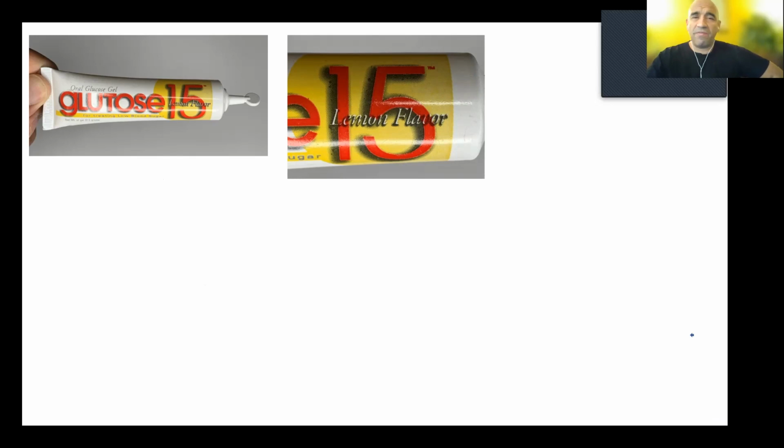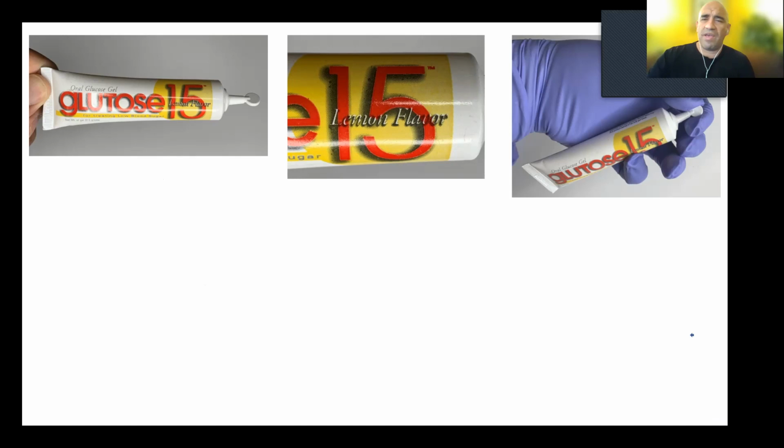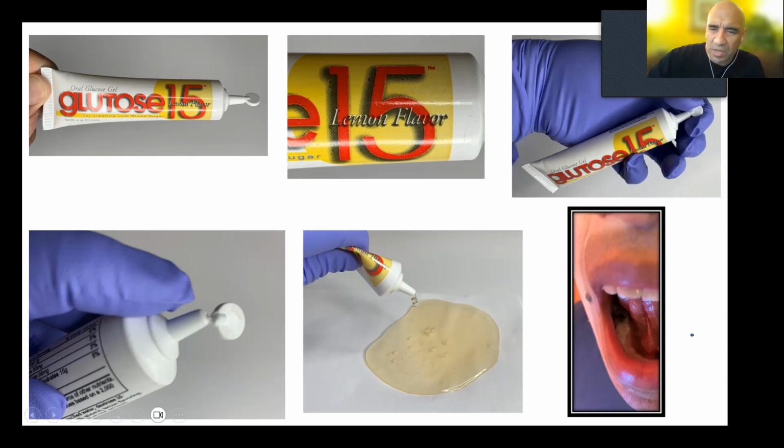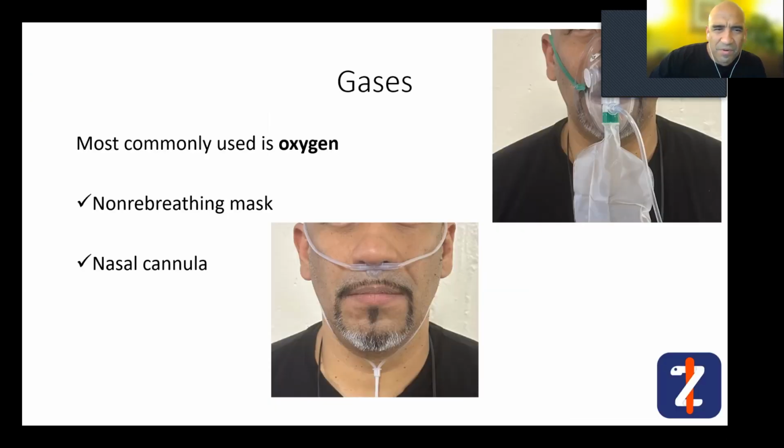This one is lime flavor. You twist the cap, and then now you have the gel form. The gel forms out there, and then you're going to place this in between here, not sublingual, but just on the side of the cheek. It's called buccal. All right, so let's move on to the next.